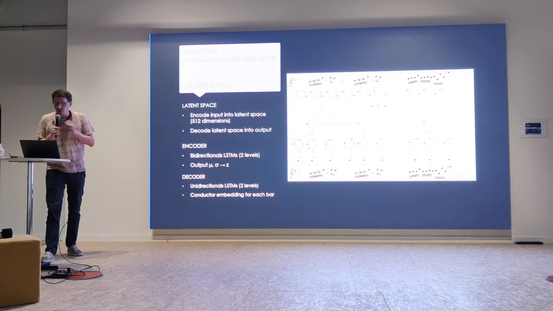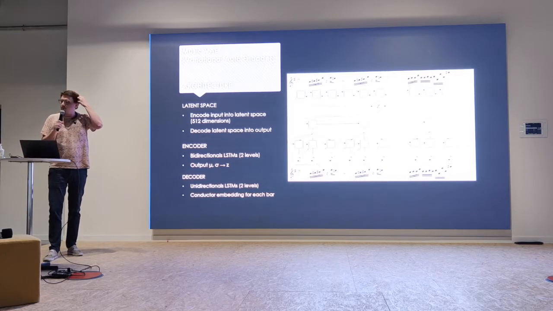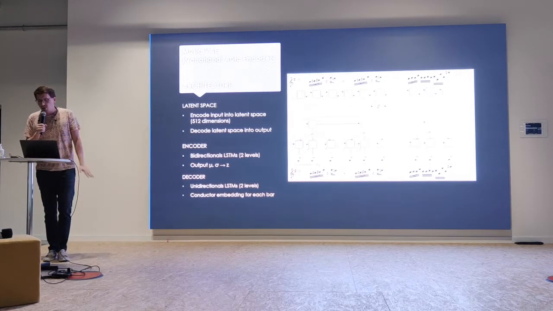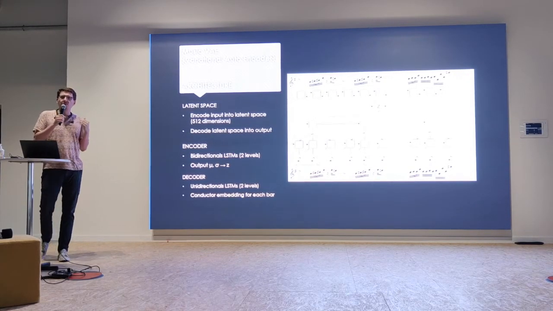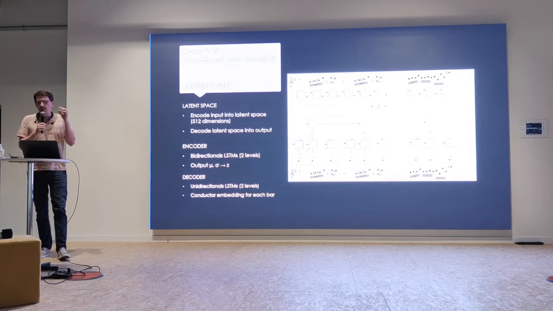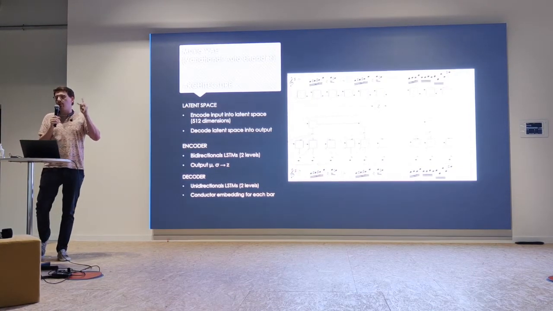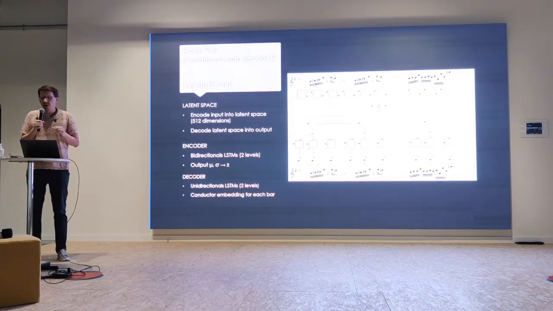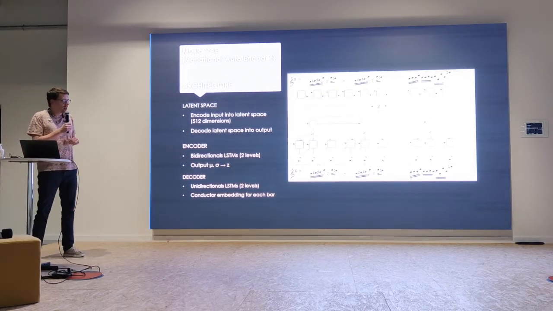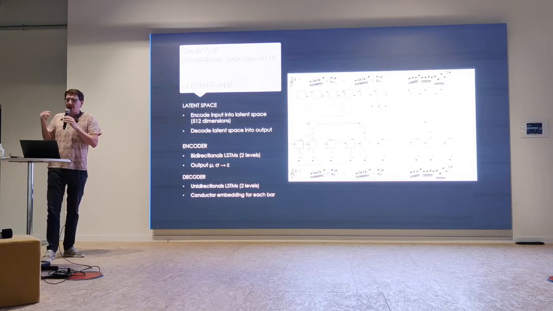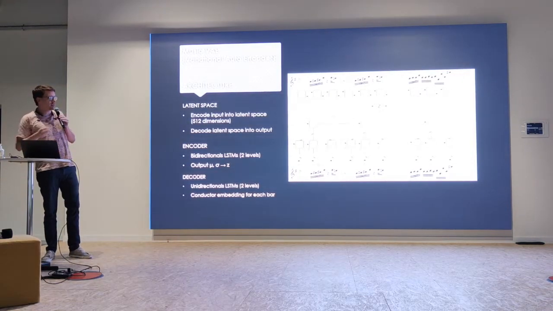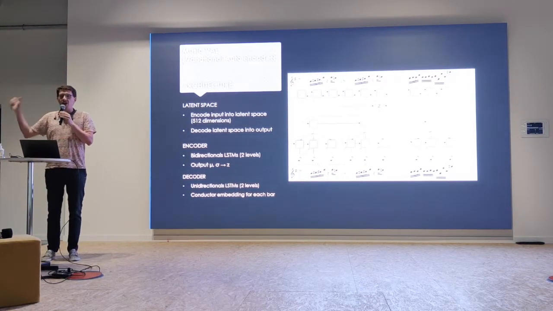And for the decoder, they published a paper a few years ago where they did this hierarchical approach, where they introduced an additional layer. It's again basically just two layers that do the main heavy work. The first one is the conductor layer, which makes an embedding out of the latent space for each measure that you want to generate.